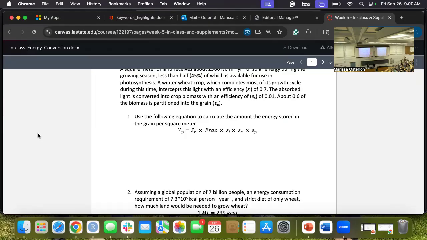So a few people probably did get a slightly different answer. You got a different one, right? Jesse, you did, right? What did you get? I got 5 point. Do you know what was different in yours? Yeah. So you use the fraction of solar radiation available from the notes, right? And the reading said it was about 45.